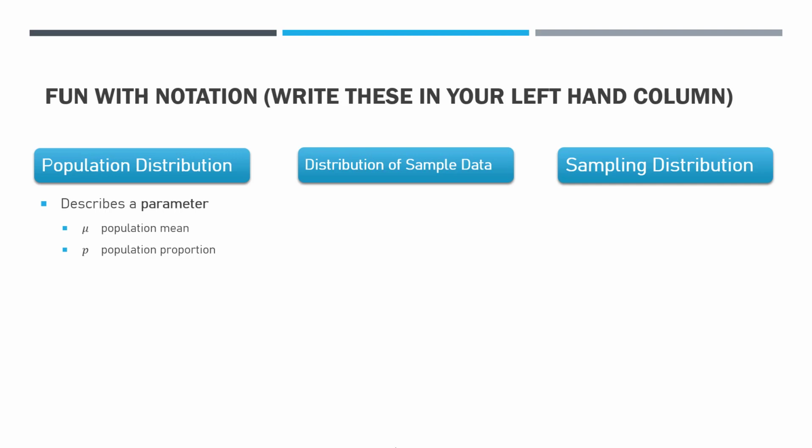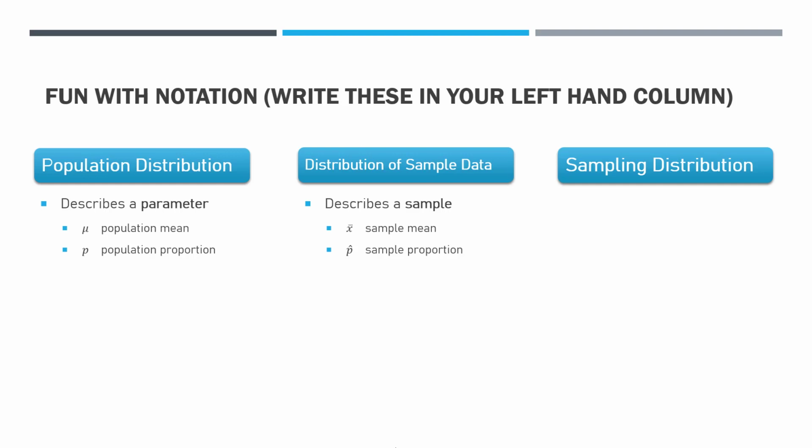Then we talked about distributions of sample data, where we just looked at 5 puppies at a time, and we knew those describe a sample. Now today we looked at X bar for the sample mean, but we will also look at categorical data for sample proportions, in which the symbol we use there is p hat. Then finally, we talked about the sampling distribution.